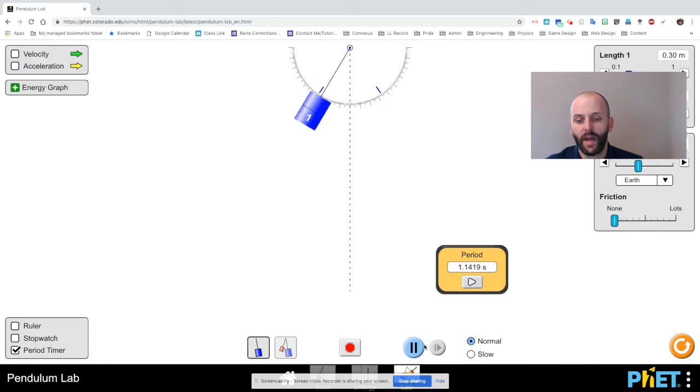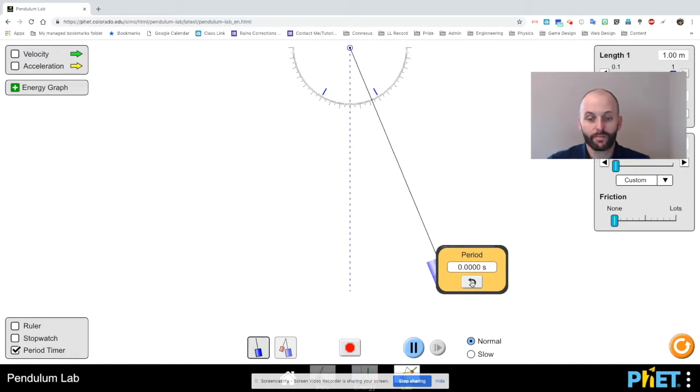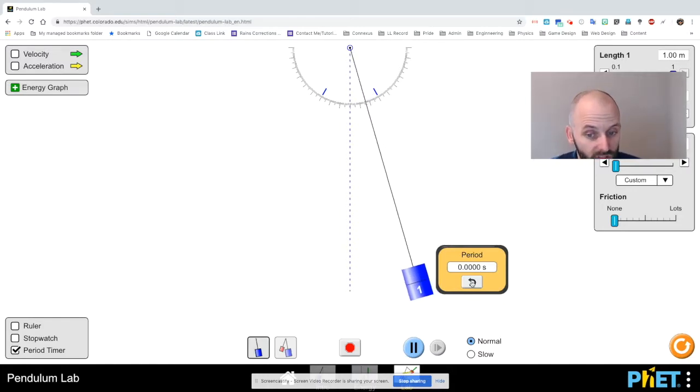Another thing that can matter, if I pause and stretch this guy way out, is gravitational pull. If I make it really small gravitational pull, notice this is what will happen. Nothing. Okay, so what if I give it a little bit? Now we see it's moving really slow.